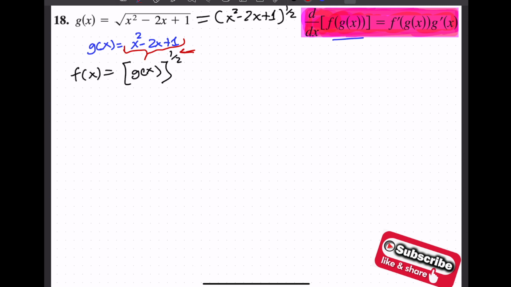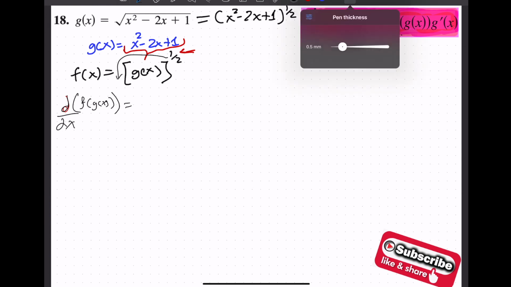Now, in order to complete this problem, let's take the derivative based on that definition. The derivative with respect to x of f of g of x. It doesn't matter what name we use here. That is equal to, in our definition, f prime, which is simply multiplying the leading coefficient times the power.